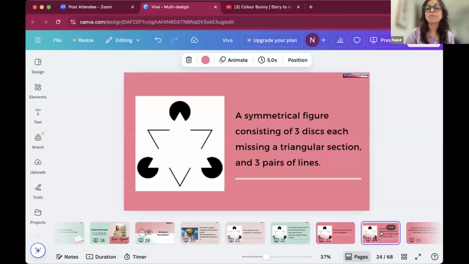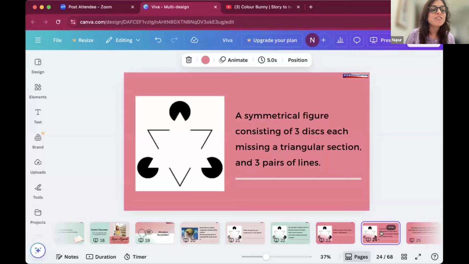Sorry, I'm having a bad cough. And in each of these discs, there is a small triangular section that's missing. And there are no triangles here. There are just three pairs of lines which are outlined in black.